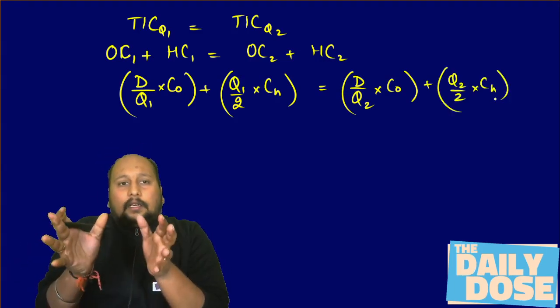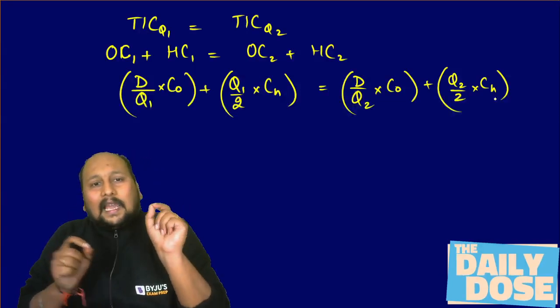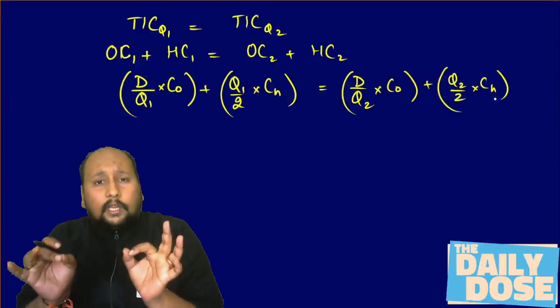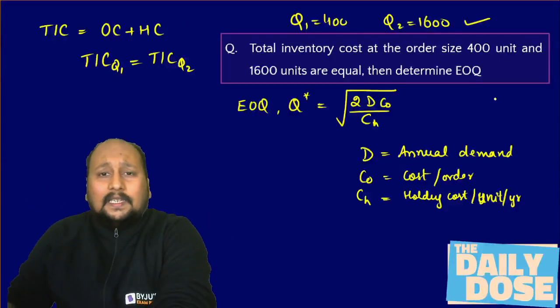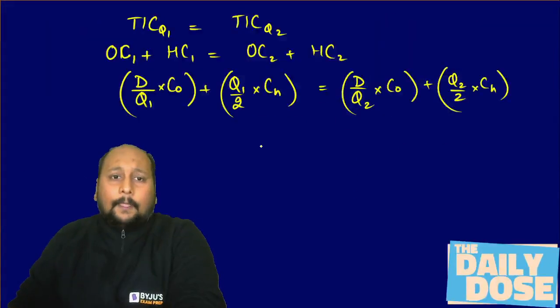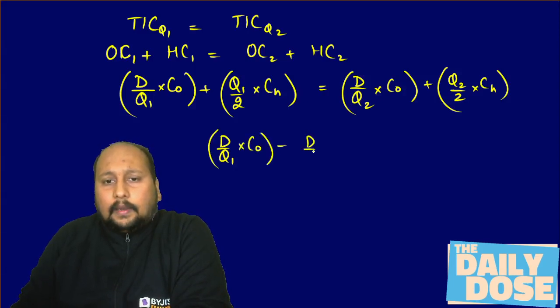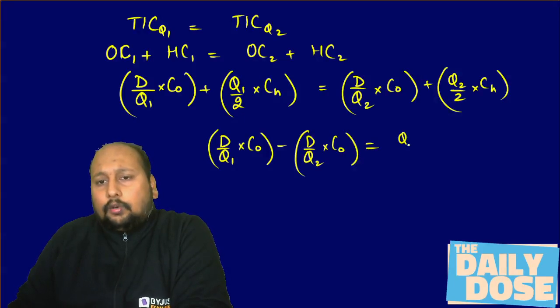So why have I taken D as the same? Because it is for a single system. The annual demand, ordering cost and holding cost will be the same for both order sizes because it's the same system, with different order sizes. So if I take the D by Q terms on one side, this is D by Q1 into CO minus D by Q2 into CO is equal to Q2 by 2 into CH minus Q1 by 2 into CH.